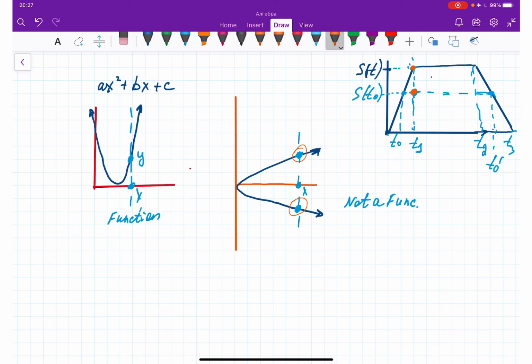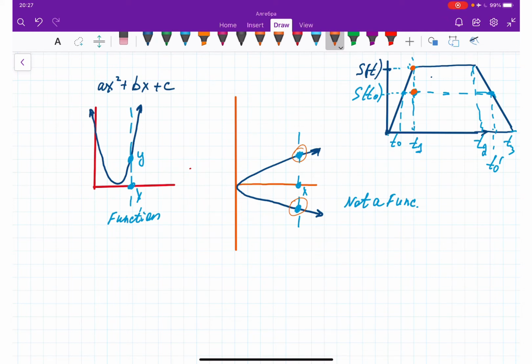So at the same time, T1, the student cannot be at a distance S of T and S of T0. We understand? This is why we identify a function as a graph where the vertical line crosses only in one spot.